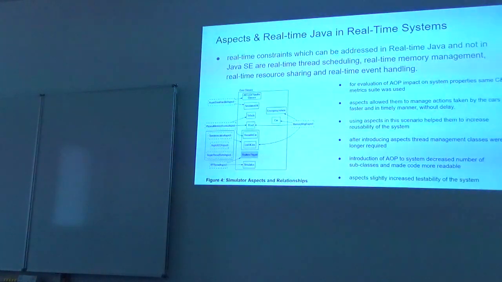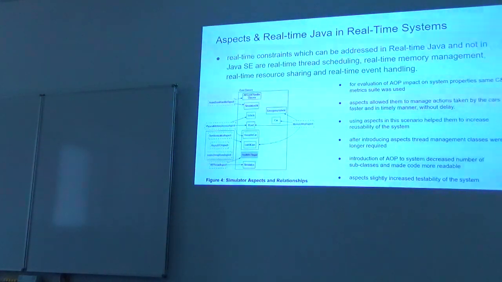If you had a question why they used a traffic management system as an example, it was because this system was meant to control self-driving vehicles, and these vehicles must be able to react to unexpected events in a timely manner.